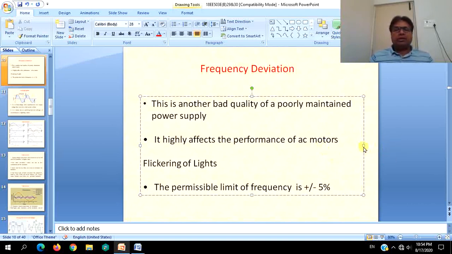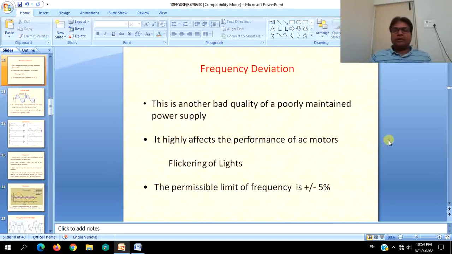Flickering of lights will also be there for lighting equipment. Frequency deviation. So this is the permissible limit, but when it comes to the generating station, basically the alternator control panels, those permissible limits are only 0.5 Hz.